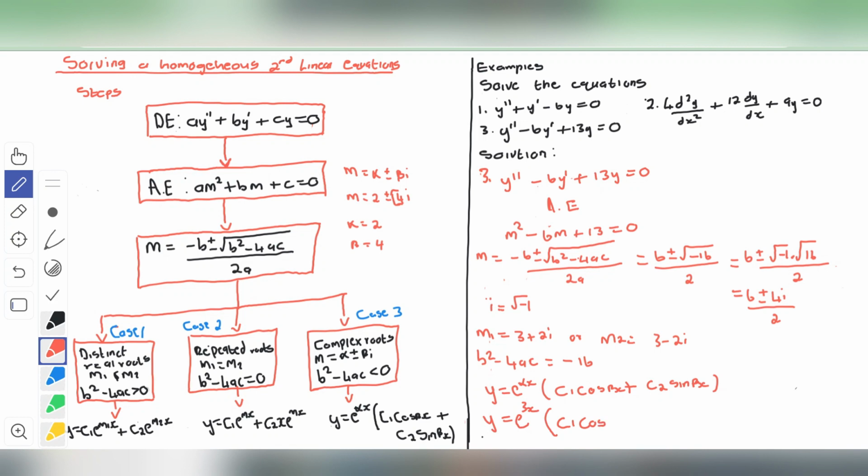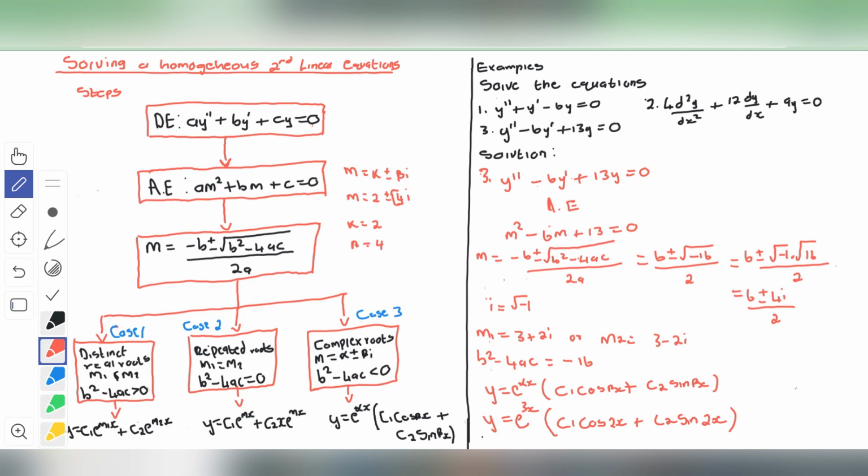Our beta is the coefficient of i, and we said we only take the number. We don't care about the sign, so it's going to be 2x plus C2 sine of 2x. Therefore, that's it. That's how we solve this example.